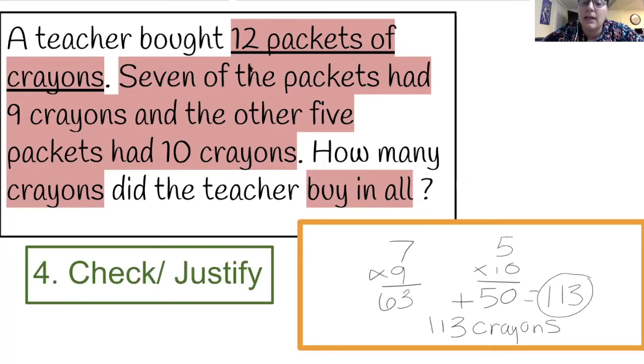But if I'm getting a number that is that different, I'm doing something wrong. If I can see that there's 7 of 9 and 5 of 10, my number's already getting very large. And then putting them all together, that's how I'm getting 113. Okay, that's a real possible answer for what is being asked.